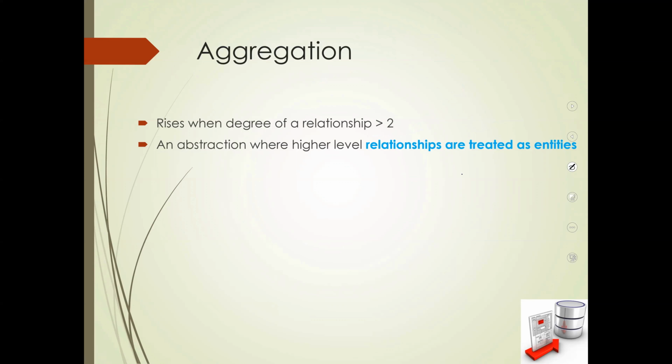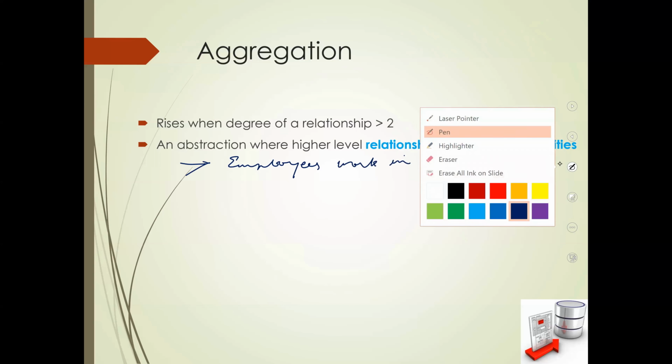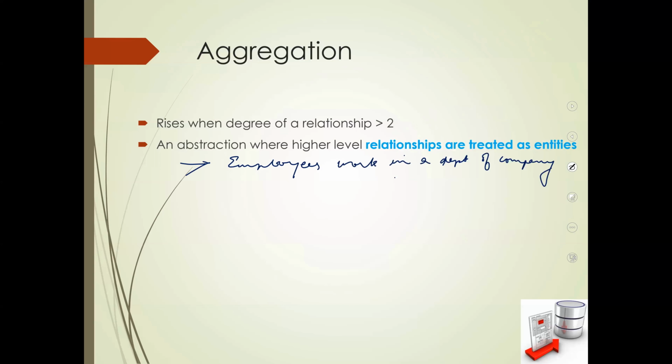So imagine you are having a specific scenario like employees work in a department of a company. So you will denote it like this.